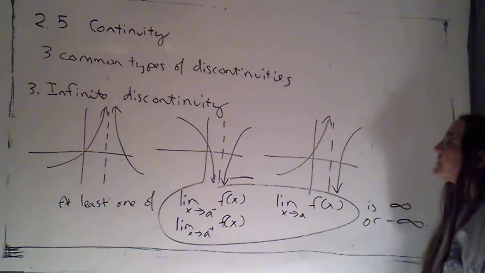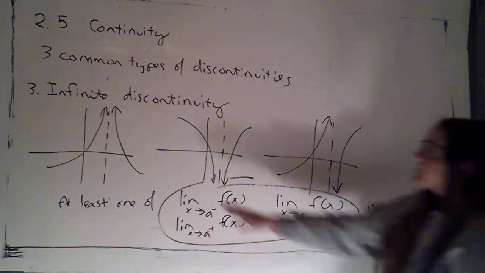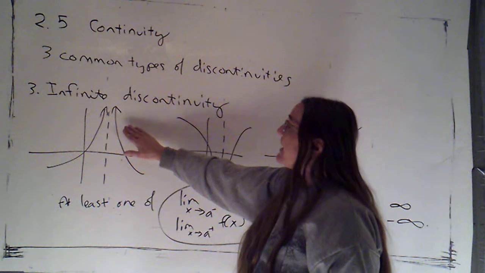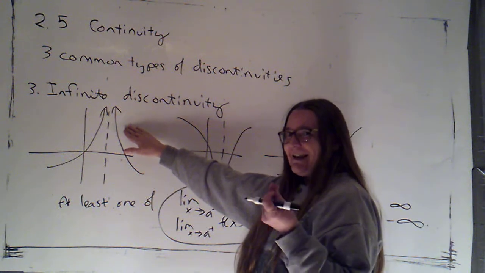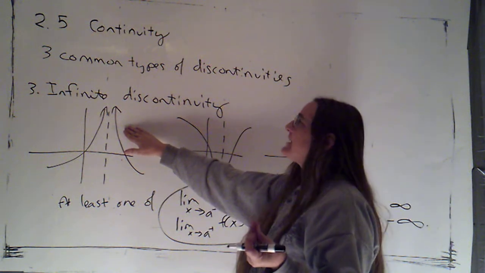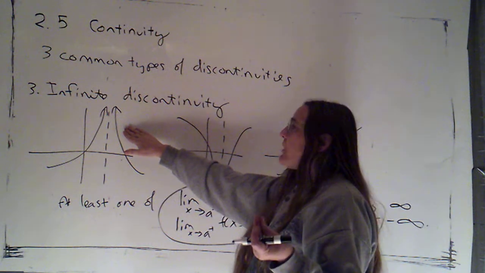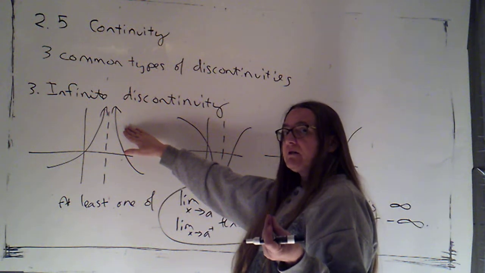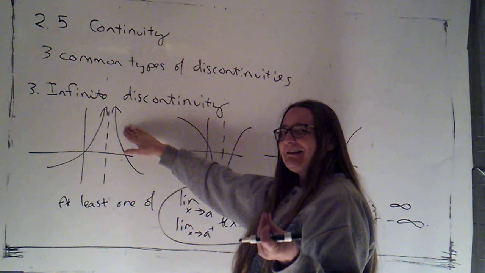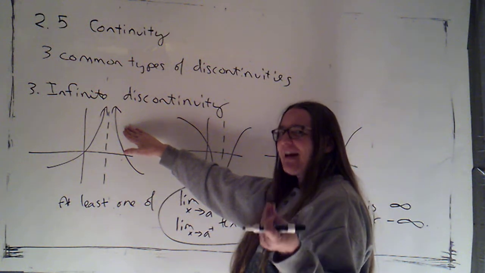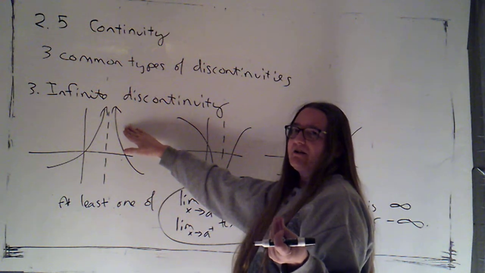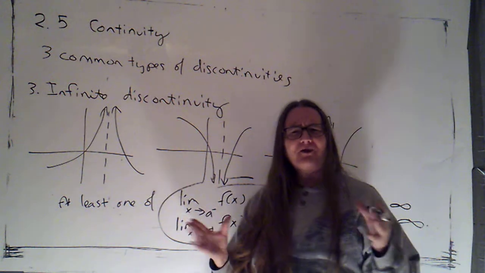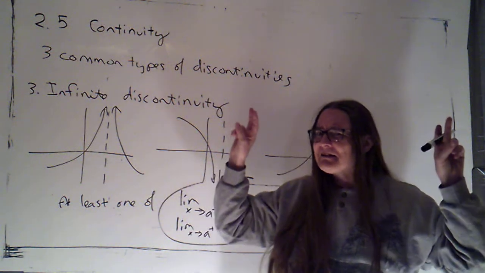Okay. So in this case, if I've got a situation like this, the limit exists as a symbol, but not as a finite number. So I probably should have said with removable discontinuities, the limit exists and is finite. So there's sort of this question of, does infinity exist?